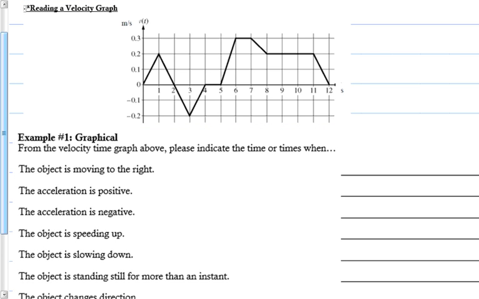Okay. From the velocity time graph above, please indicate the time or times when. All right, first one. The object is moving to the right. Okay, so the object is moving to the right when velocity is positive. If velocity is positive, then the object is moving to the right.